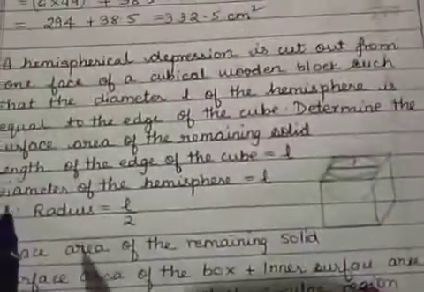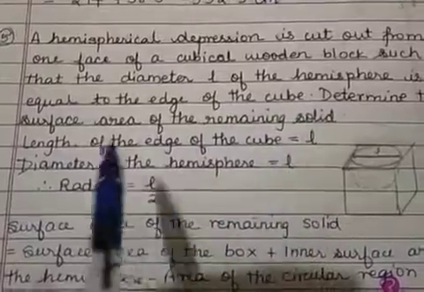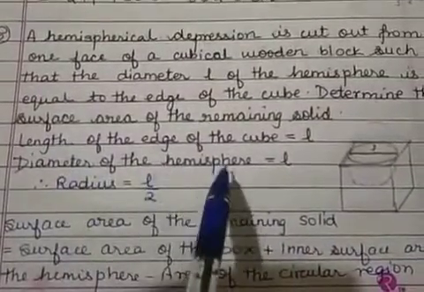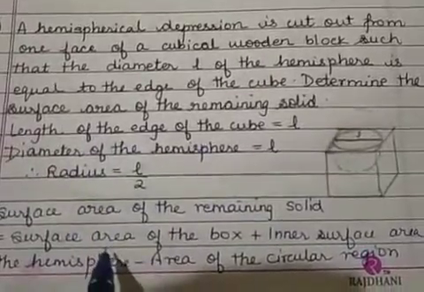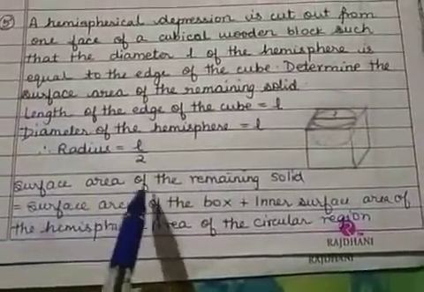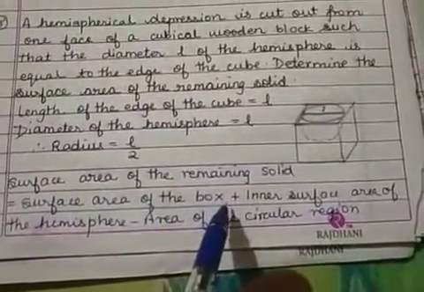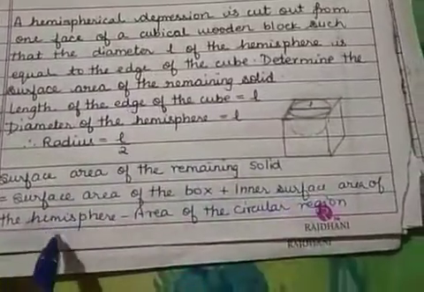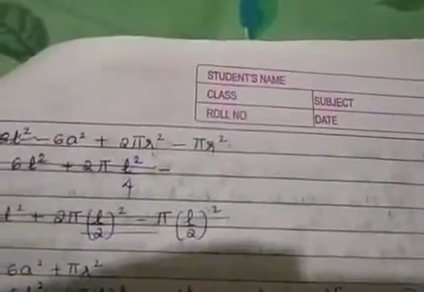So let us see what is given to us. It is given that the length of the edge of the cube is L, and the diameter of the hemisphere is L. So the radius will be L upon 2. As I told you, the surface area of the remaining solid is equal to the surface area of the box plus the inner surface area of the hemisphere minus the area of the circular region.